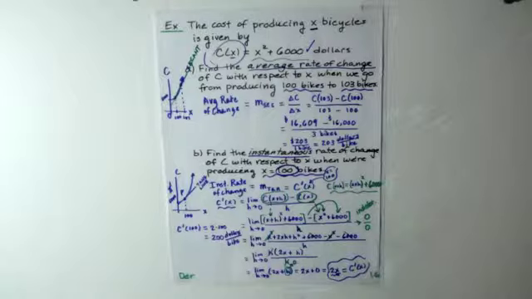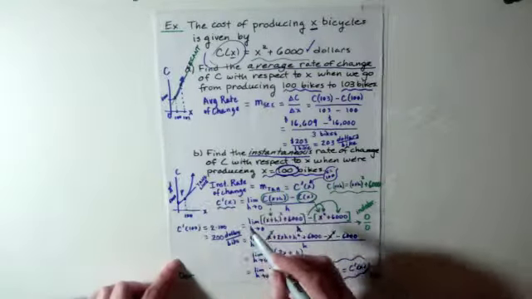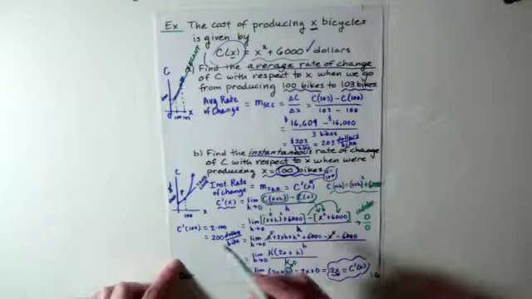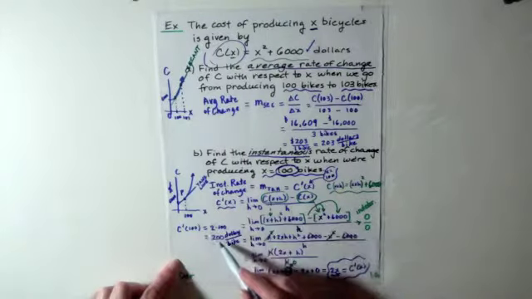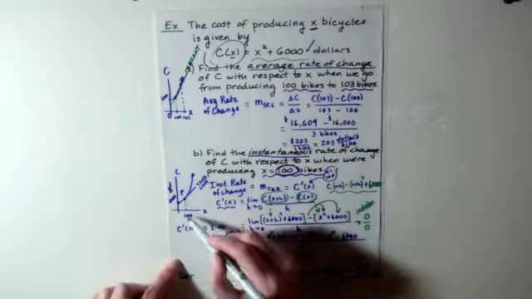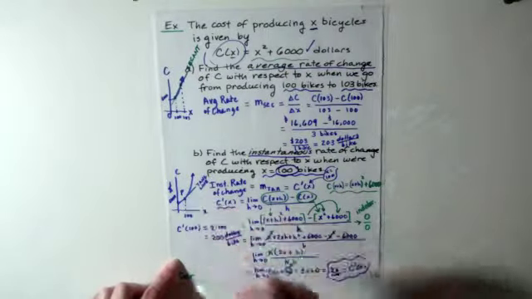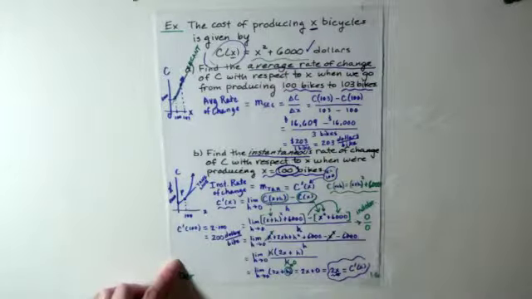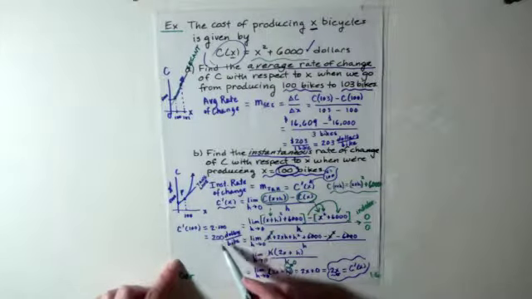So our instantaneous rate of change of c with respect to x right at this point is $200 per bike. So what that means is that at the 100 bike production level, the cost of producing additional bikes is going up at the rate of $200 per bike.